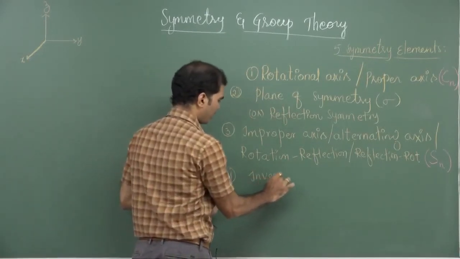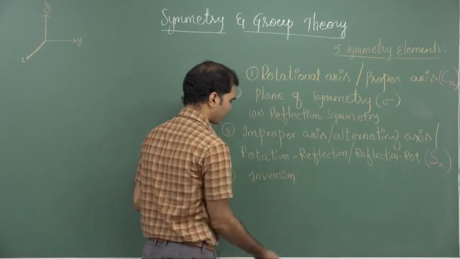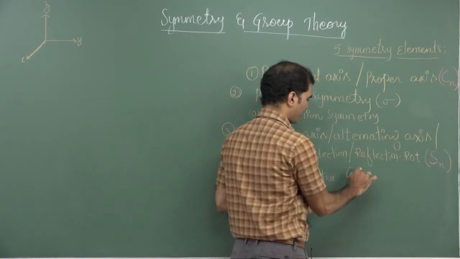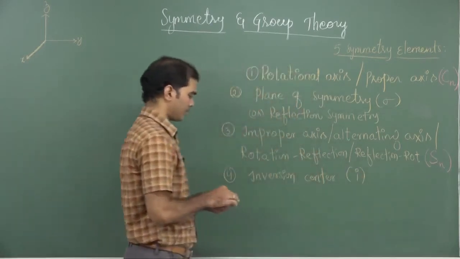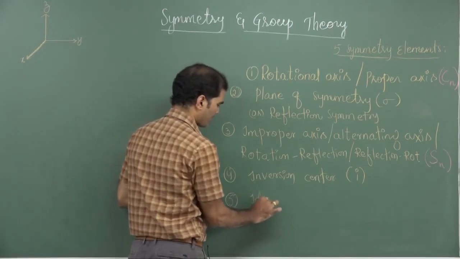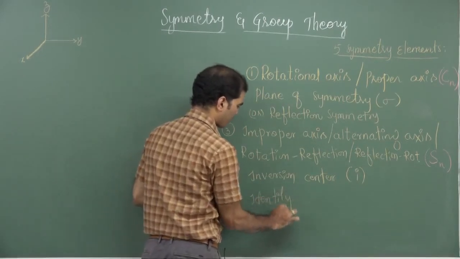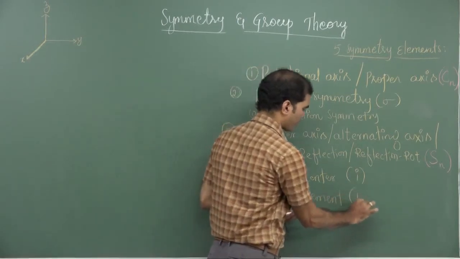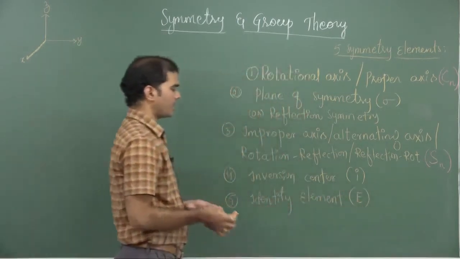Fourth one is an inversion center. You may denote it by I. And the last one is the identity element.